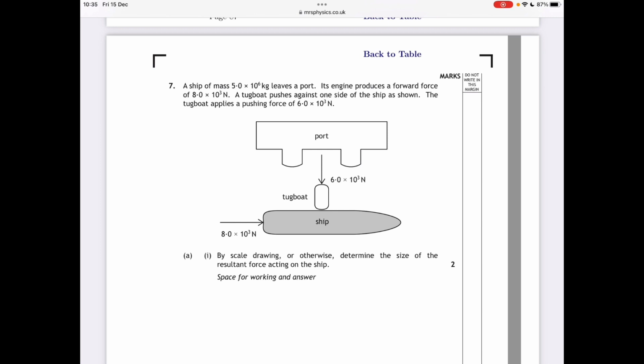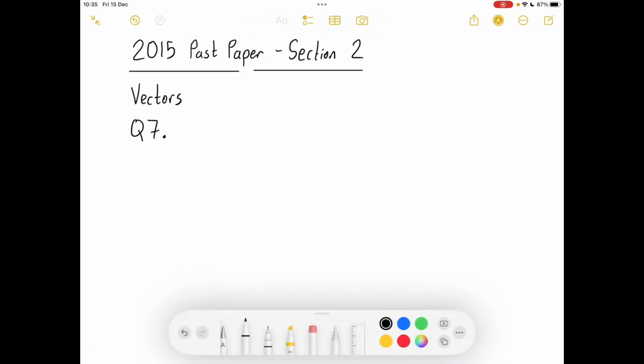So what I'm going to do is hop back to my notes here, and redraw the diagram very quickly. So we have the tugboat producing a force of 6.0 times 10 to the 3 newtons.